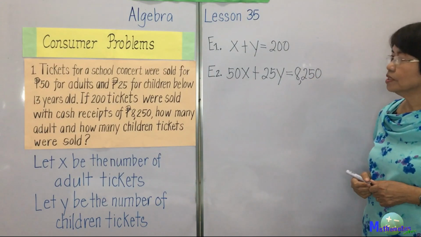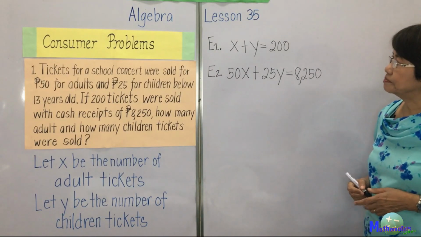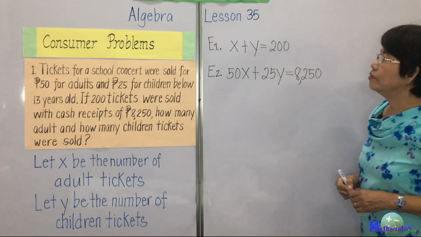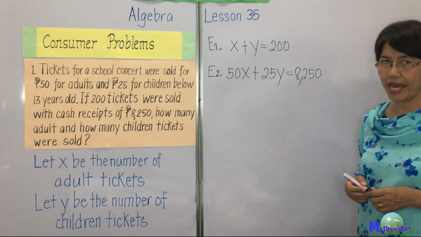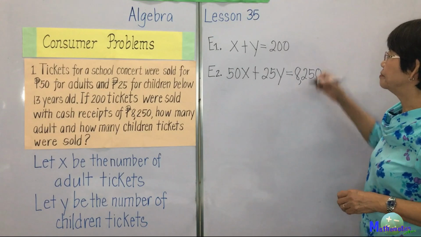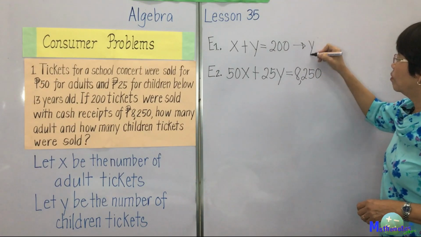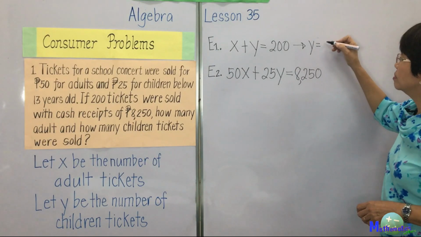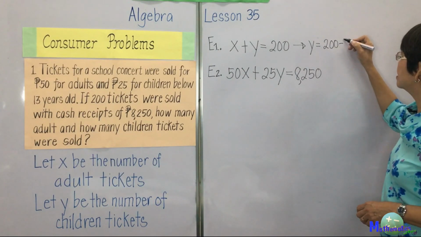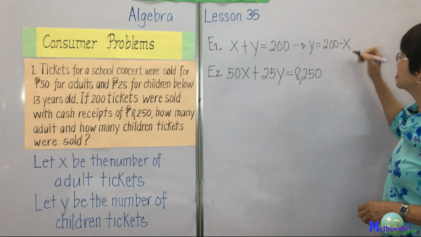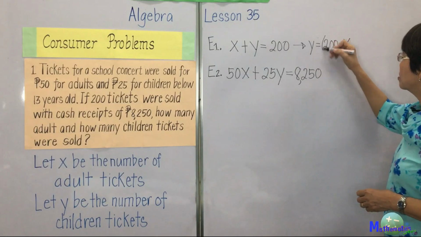Then, we can use substitution method for this problem, and we will solve for y in terms of x in equation 1. So y is equal to 200 minus x.